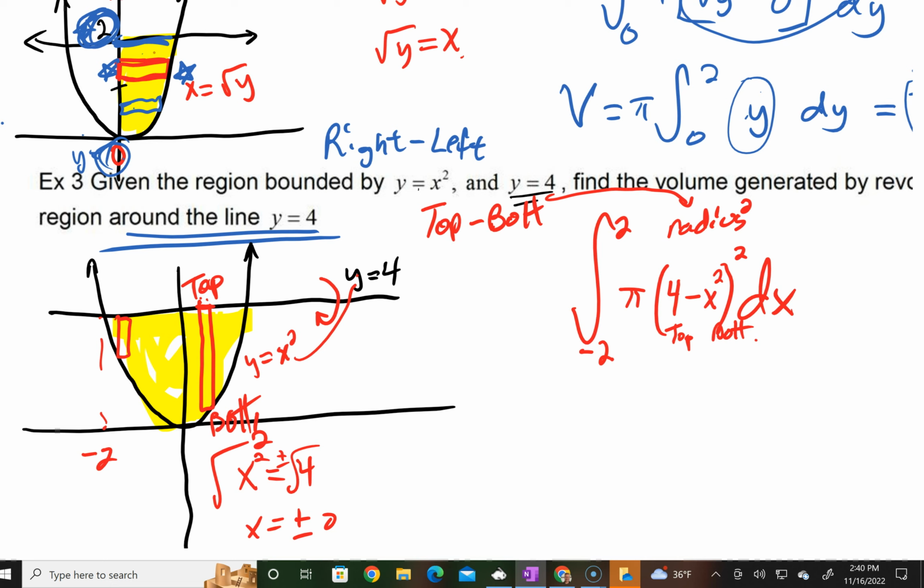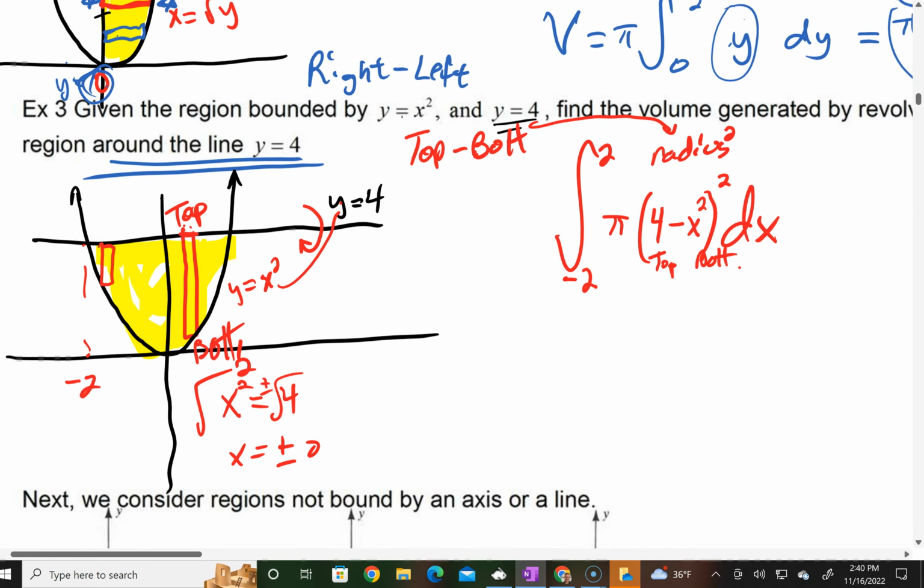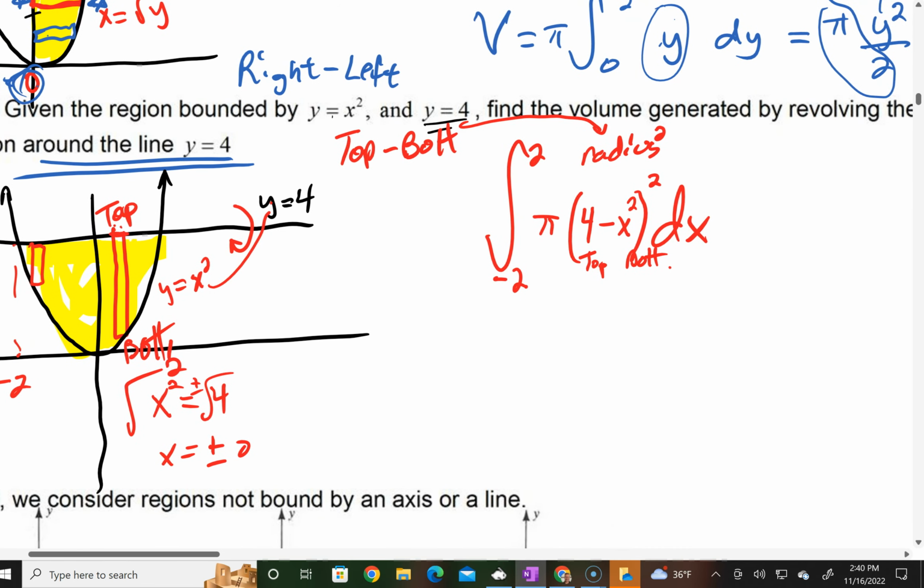Now, of course, right now we could just stop the video here and work this out with the fundamental theorem. And you can, but instead, I just want you to notice that this function inside is an even function.